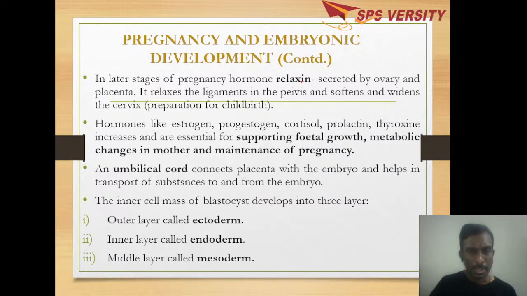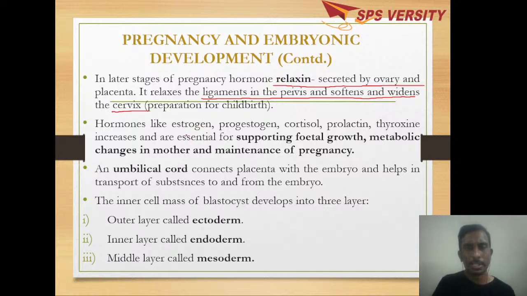Okay. And during the stages of development of the embryo, along with this hormone, relaxin is secreted by the ovary. So relaxin will relax the ligaments of the pelvis and soften and widen the cervix. So it is preparation for childbirth.